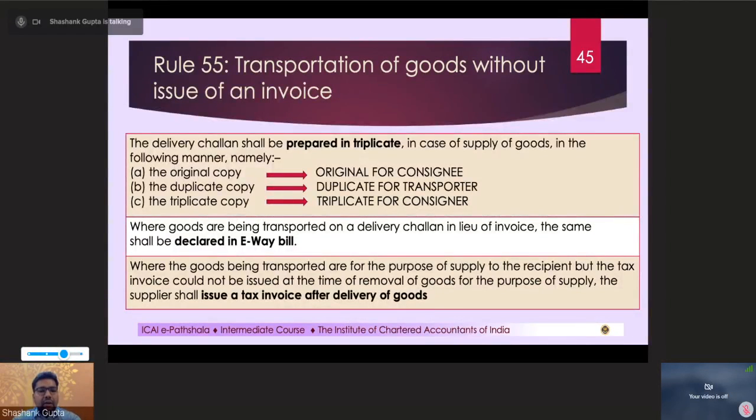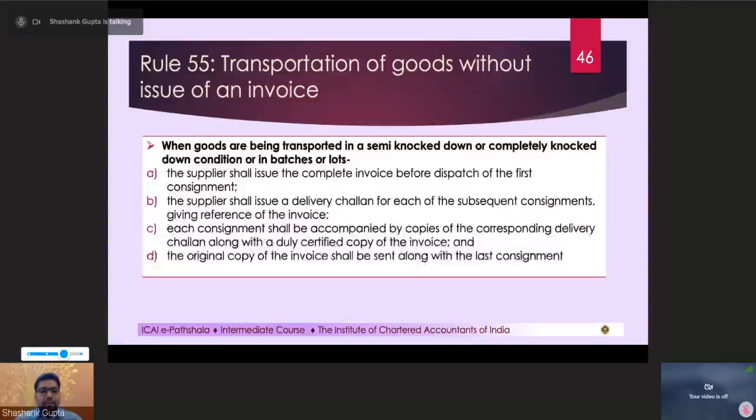We will discuss in detail, don't worry about that. Where the goods being transported are for the purpose of supply to the recipient, but the tax invoice could not be issued at the time of removal, the supplier shall issue a tax invoice after delivery of goods. So this is something which has also been clarified.